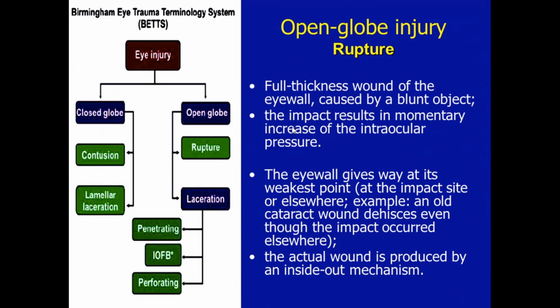The eyeball gives way at its weakest point, at the impact site or elsewhere, for example an old cataract wound, even though the impact occurred elsewhere. The actual wound is produced by an inside-out mechanism.